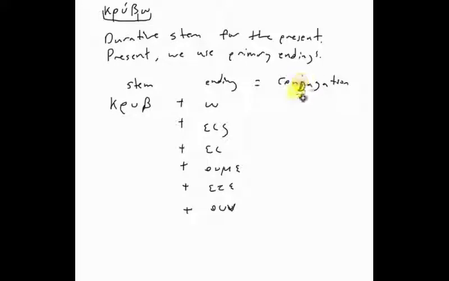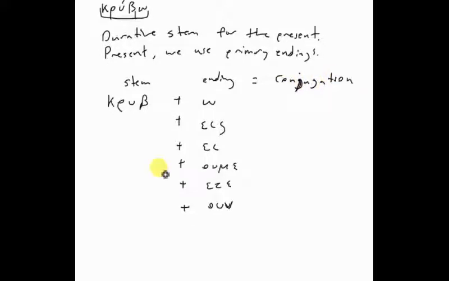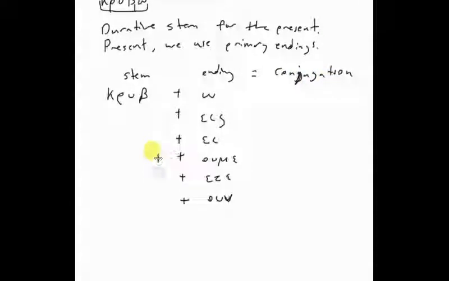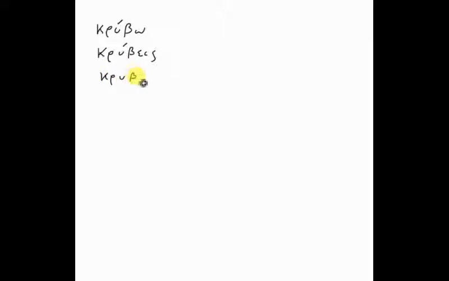So let's conjugate these for real now. First person singular present active indicative is krivo. Second person singular present active indicative, krivis. Third person singular present active indicative, krivi.